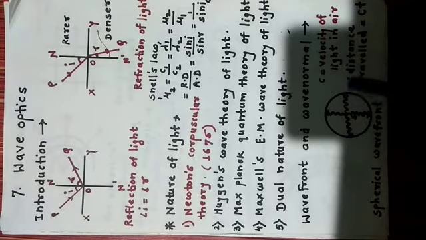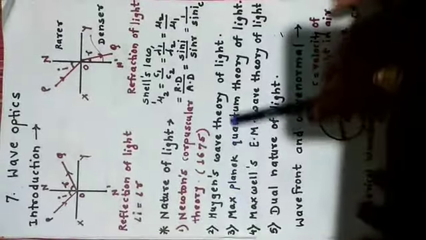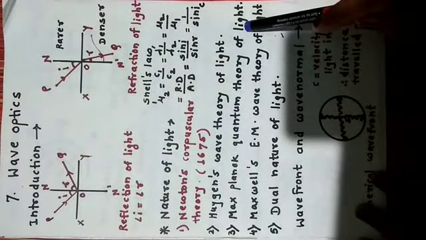Again, Huygens assumed the longitudinal wave nature of light, but we know that light has a transverse electromagnetic wave nature.